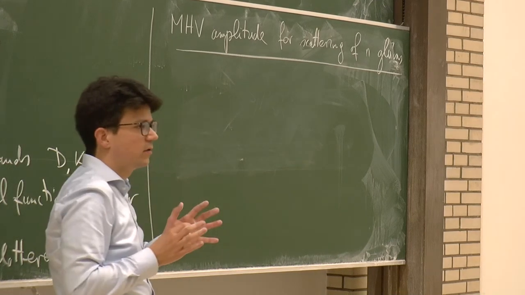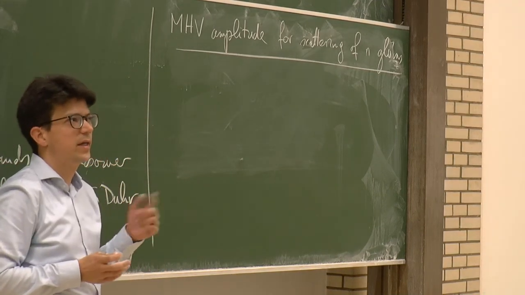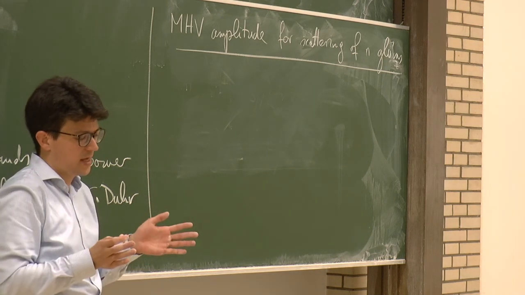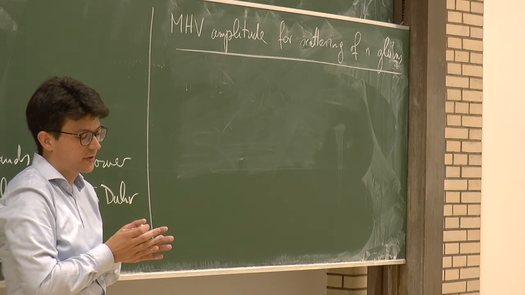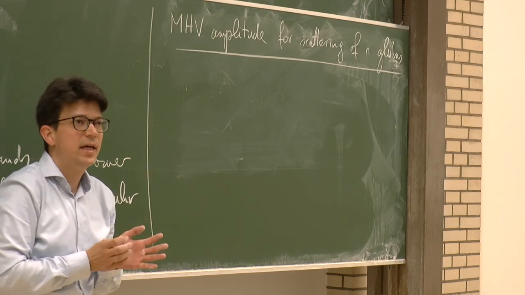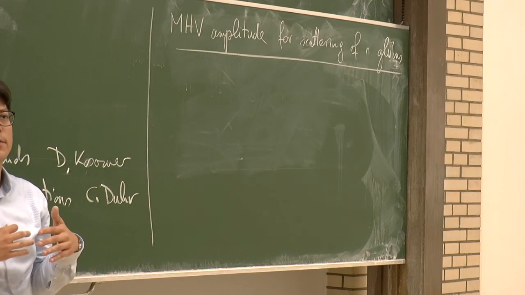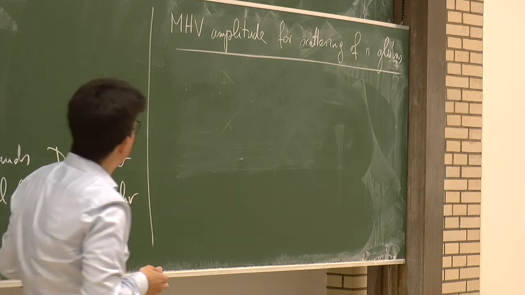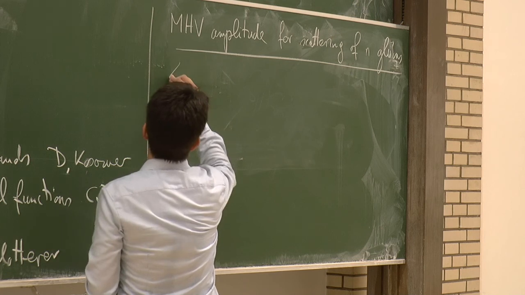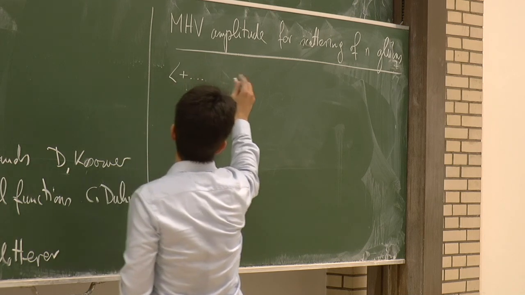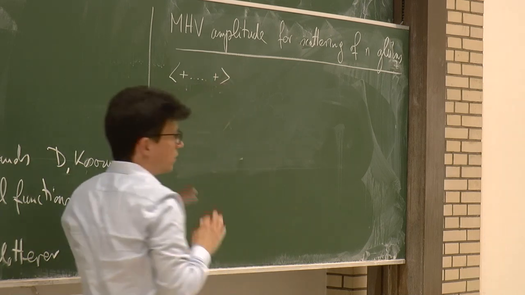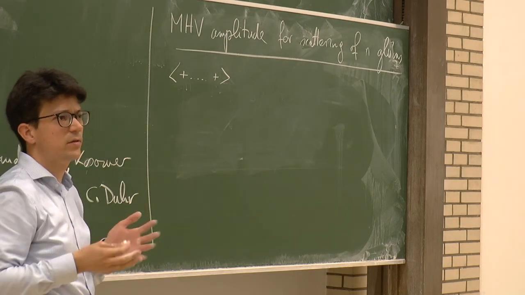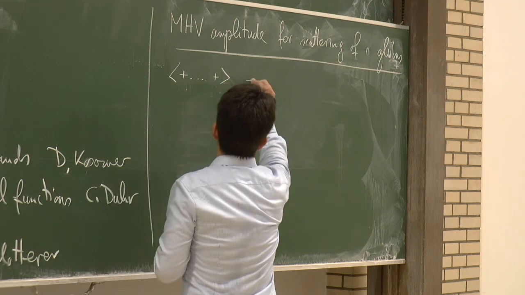Since the gluons can be labeled by either plus or minus helicity, this gives us a way of classifying them, and it makes sense to start with the simplest amplitudes and then move on to the more complicated ones. It turns out that there are certain amplitudes, namely the ones with all equal helicity, so all plus or all minus, that are the simplest because they just vanish.